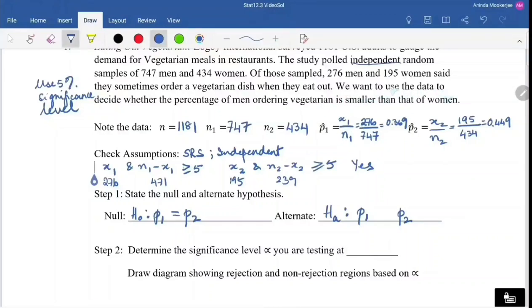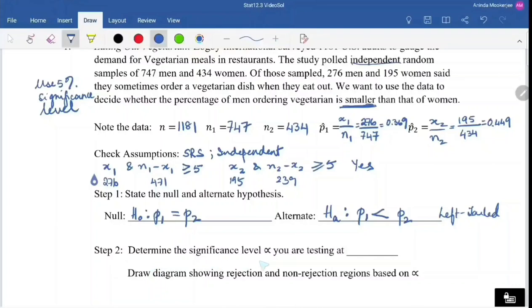If we want to use the data to decide whether the percentage of men ordering vegetarian is smaller than that of women, that means we are trying to determine if the proportion of men order vegetarian fewer times, less frequently than women. So we are going to use the less than symbol for the alternate hypothesis. And whenever there's a less than symbol in the alternate hypothesis, it becomes a left tail test.